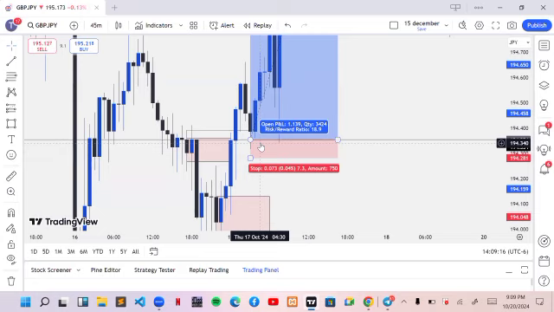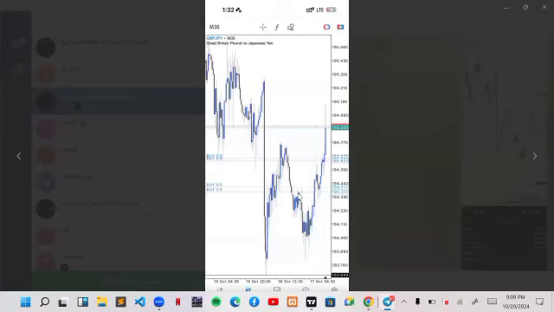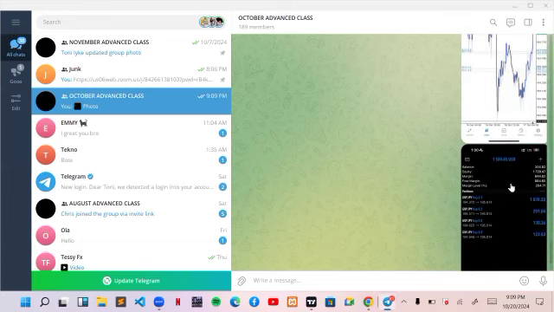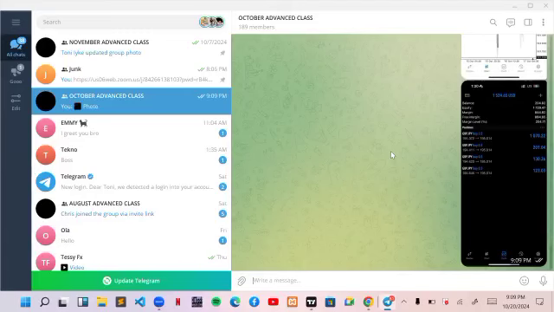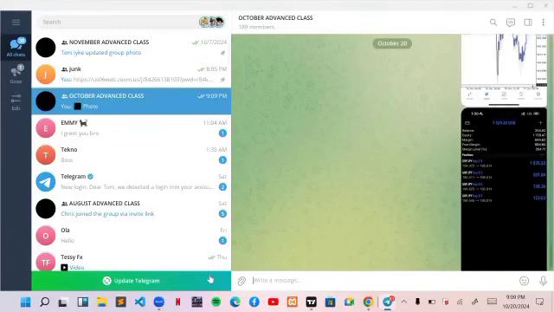So this is it. Pay attention, this was where the entry was, this breaker block. This was the MT5 structure for this breaker block trade. That is for this particular trade, right?